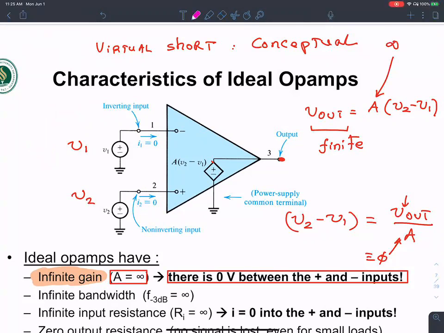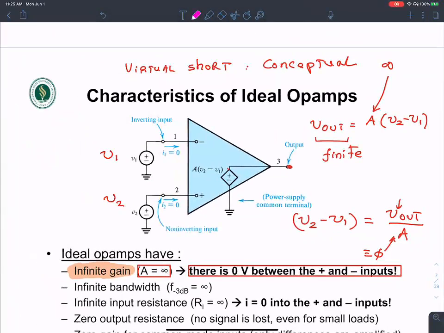Yes. So the whole concept of virtual ground stems from the assumption that the gain is infinity, or a very, very large number, for practical purposes infinity. Make sense? Yes.